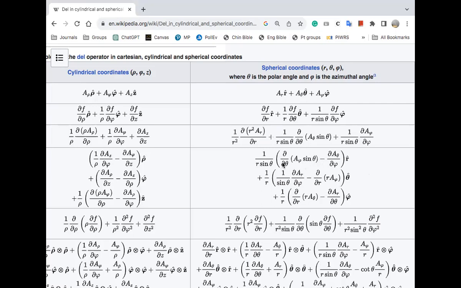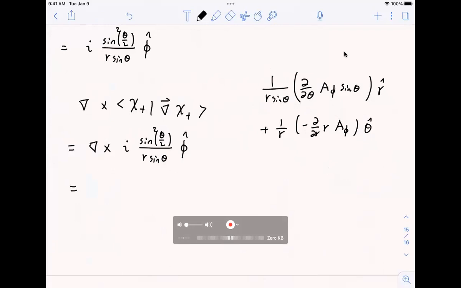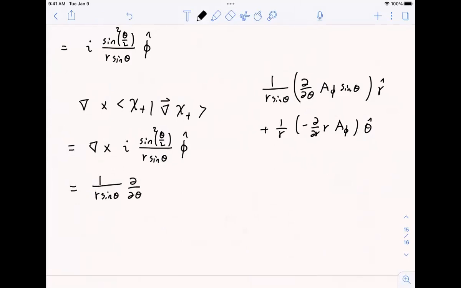So we only have this term and we only have this term. This A theta, A r, that's 0. So I copy these 2 terms. Then let's do it. So you're going to have r sine theta d theta. So this one is this.